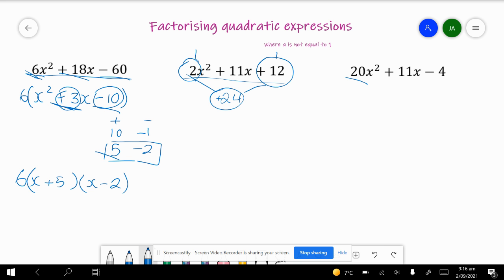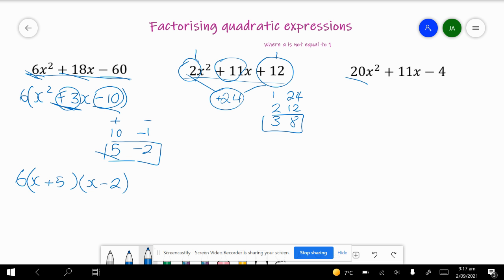So we need two numbers that multiply to get 24 and add together to get positive 11. That means they have to be two positive numbers. So if we write those down, we've got 1 and 24, which adds together to get 25, 2 and 12, that doesn't add together to get 11, and then we've got 3 and 8, which do.